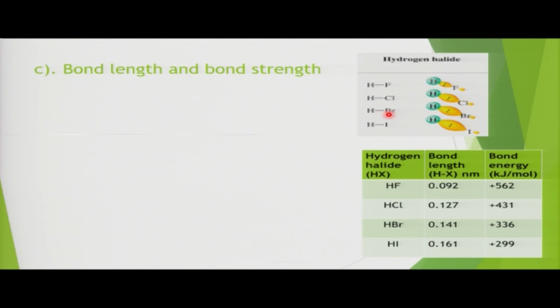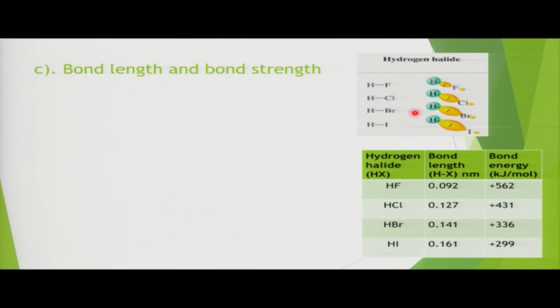So when we talk of bond length, we mean the distance between the orbital of hydrogen and the orbital of whichever atom is bonded to. In this case, the fluorine, chlorine, bromine, and iodine. Check the illustration in here. So this is normally indicated with that dash, H-F, or this, that is the length we are talking of.